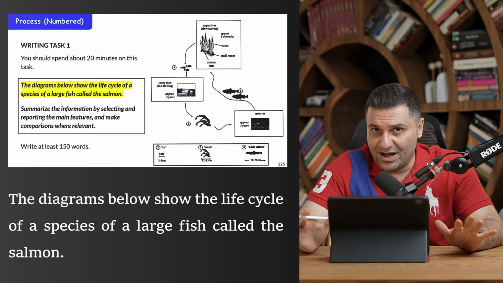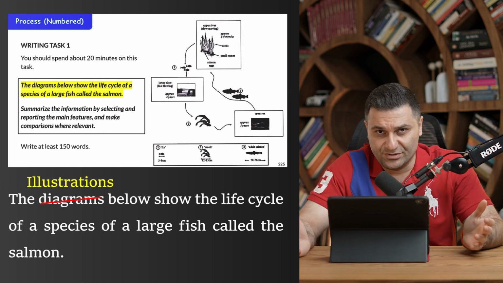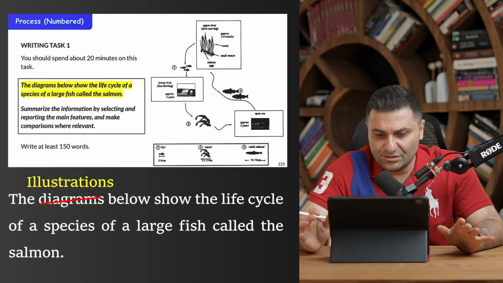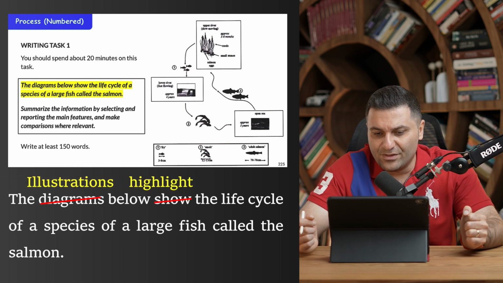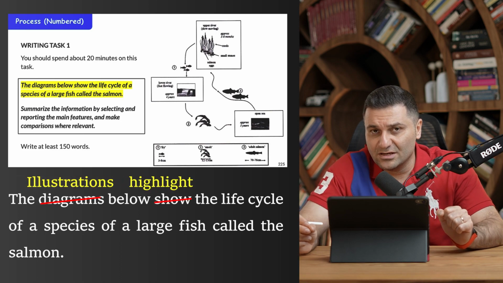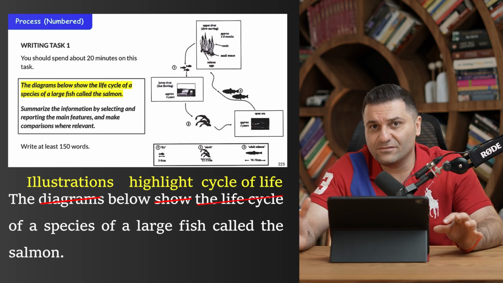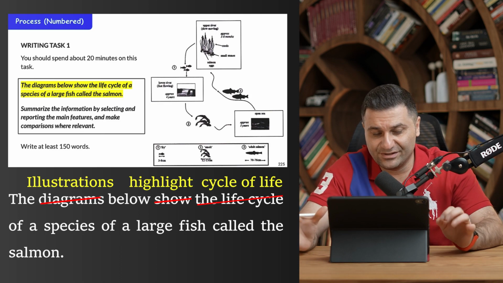So instead of diagrams, you can write illustrations. Instead of show, we can write highlight. The life cycle, we can change it to cycle of life. All right, pretty easy. Life cycle, cycle of life.